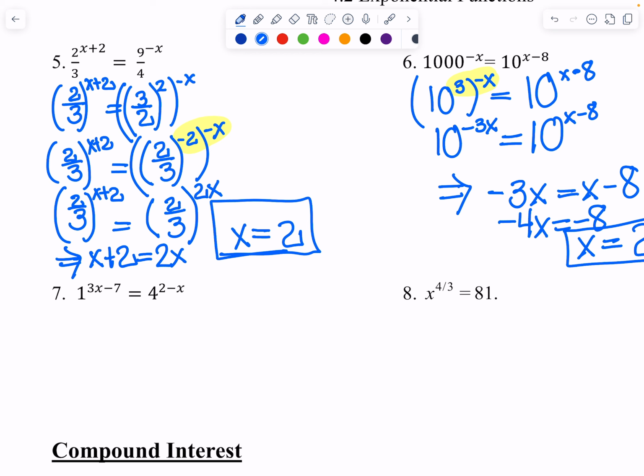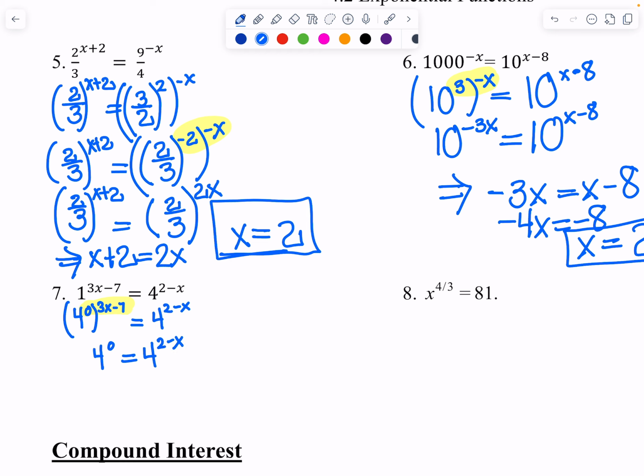So I can replace this 1 with 4 to the 0. Now look, all I got to do is multiply these. Right? Because that's the rule. Look what I get. 4 raised to the 0 equals 4 raised to the 2 minus x.